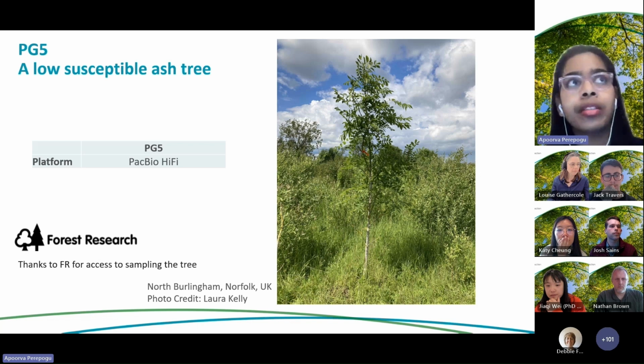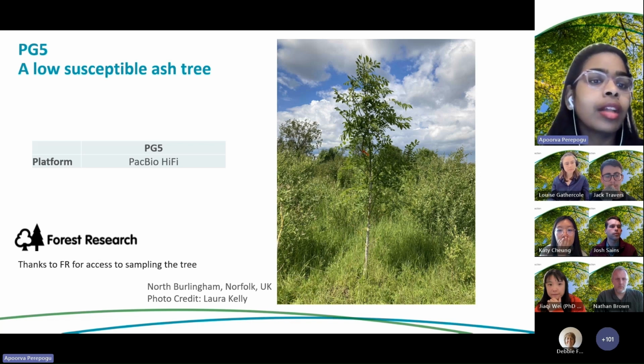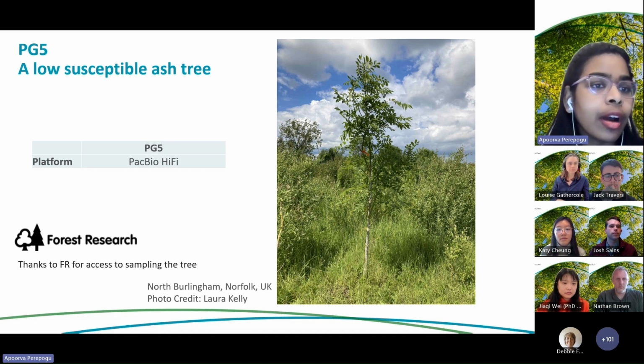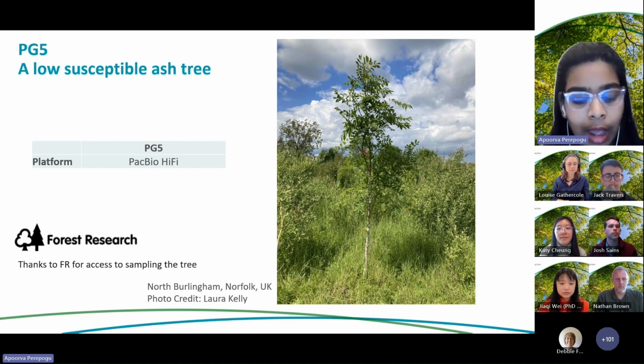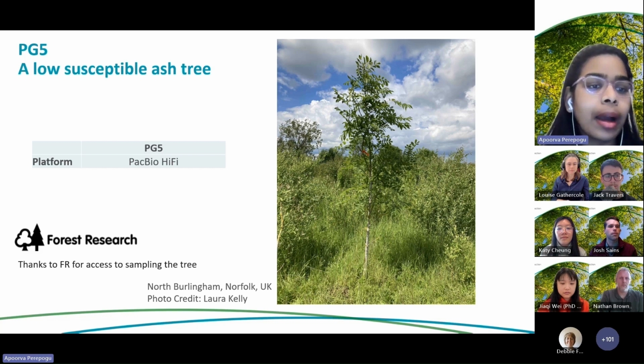For complementary studies in our group, another individual was sequenced on the PacBio HiFi platform, which for simplicity's sake we are calling PG5, and it was found to have low susceptibility to ash dieback.